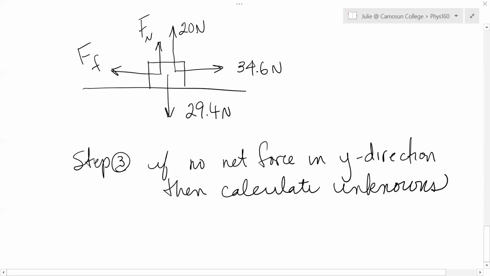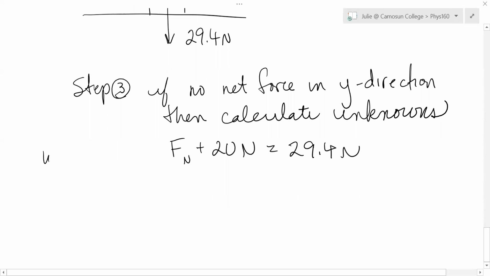But when things are sitting on a surface, like they're not flying off the surface or caving in, then there's no net force in the y direction. So we know that up equals down. That's only when the net force is 0 in that direction, only that direction. Don't do it for the whole thing. Okay, so obviously the normal force, 29.4 minus 20 would be 9.4 newtons.